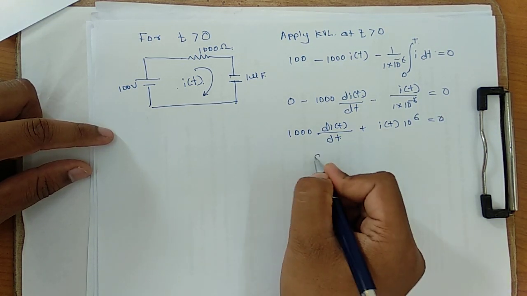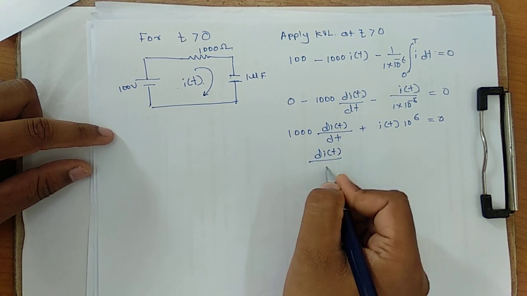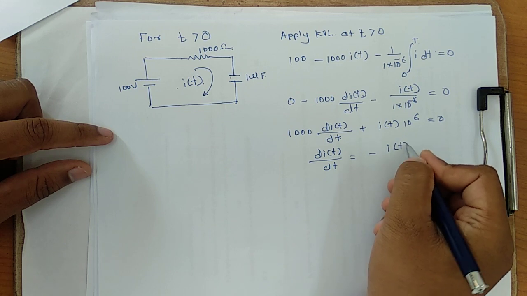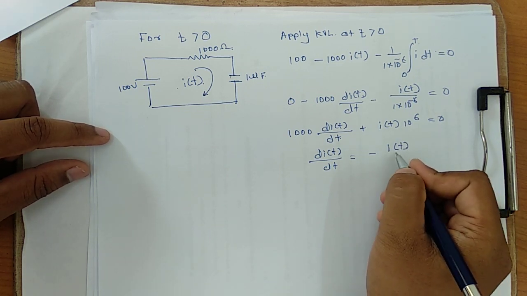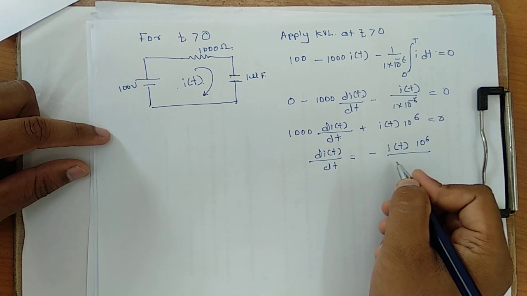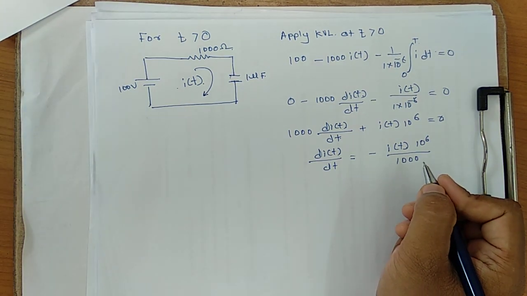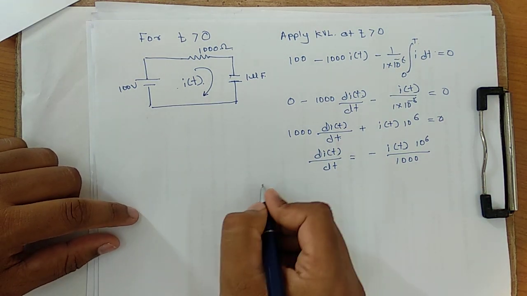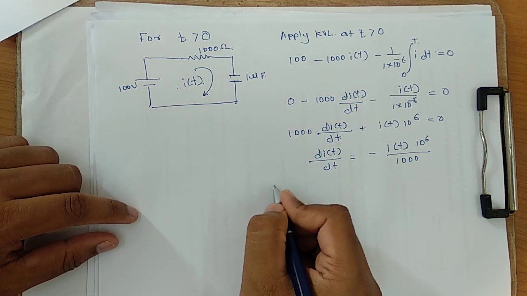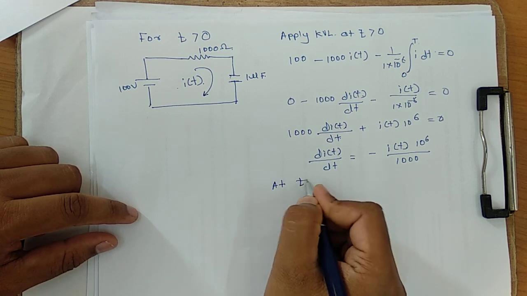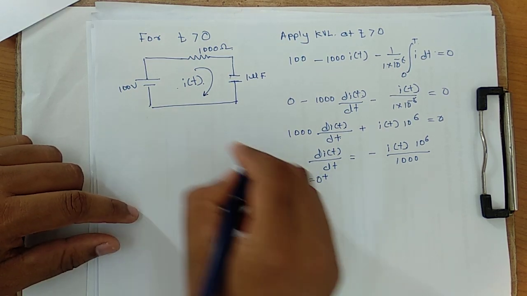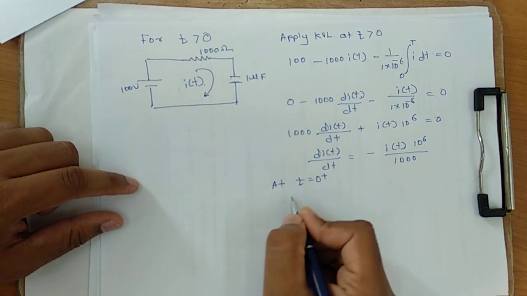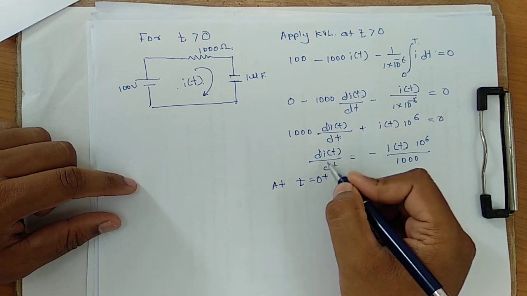So di of t divided by dt is equal to minus I of t into 10 raised to 6 divided by 1000. So at t equal to 0 plus, if you apply this, I want to calculate now the current.